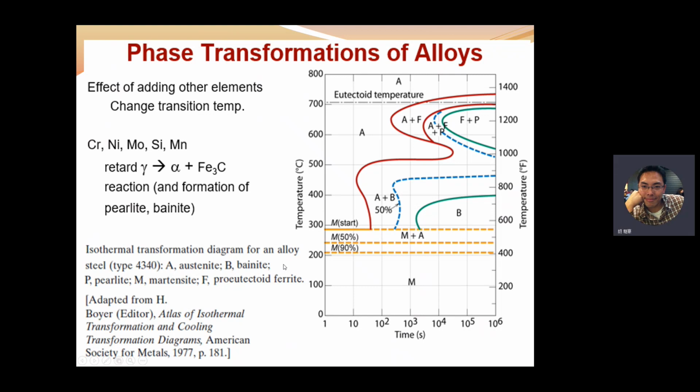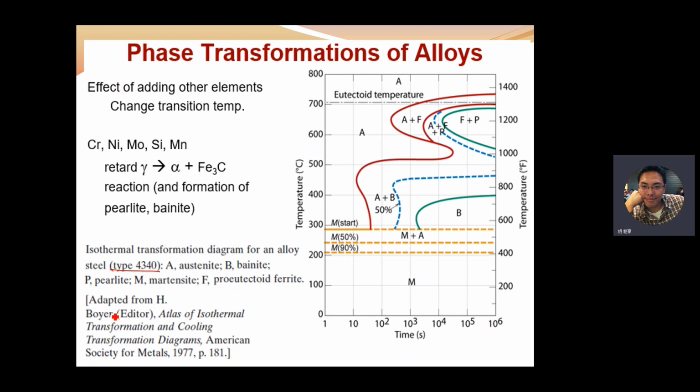Okay, so you can compare this figure with the previous one. This is alloy. In this figure is alloy steel 4340.